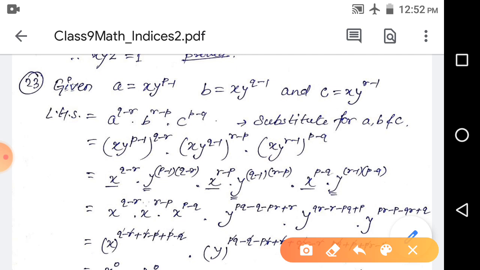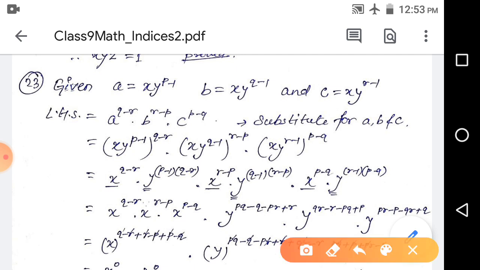Now in the next line, as inside the bracket x and y are multiplied together, the power q minus r is with x and y to the power p minus 1. So for y we have the power p minus 1 into q minus r.